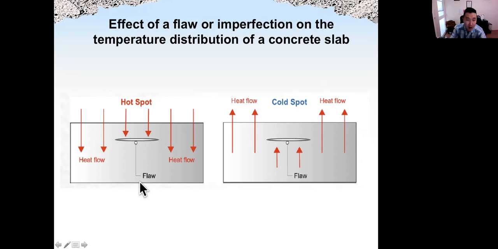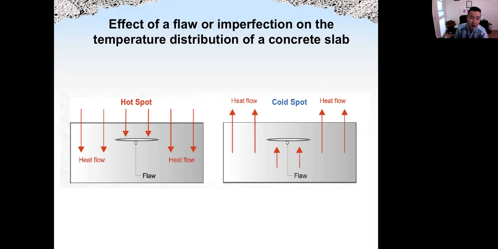Depending on the direction of the heat flow, if the heat is flowing from top to bottom, and we have a camera on top of the concrete, then what we can see is the temperature in the areas above the air gap is higher. So we call that a hot spot. If the direction of heat flow is from bottom to top, and we also have the camera on top of the concrete, then we have a cold spot above the gap.